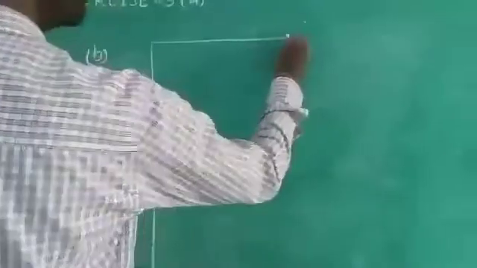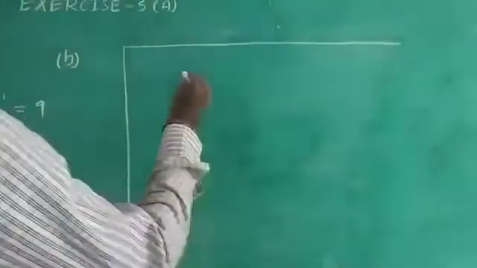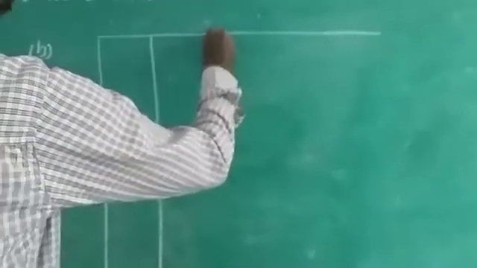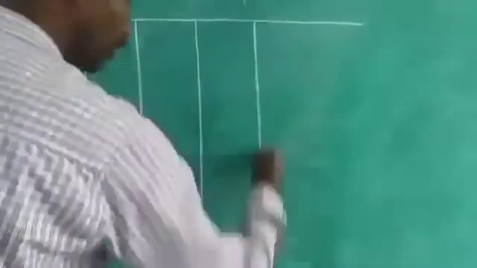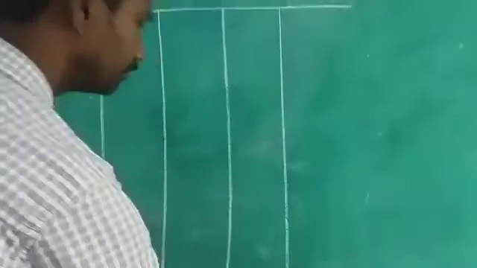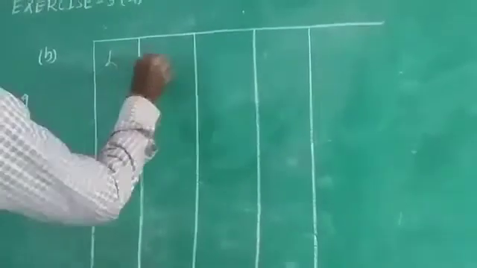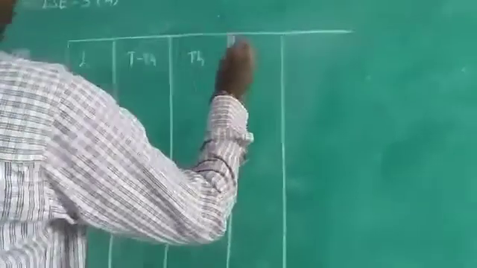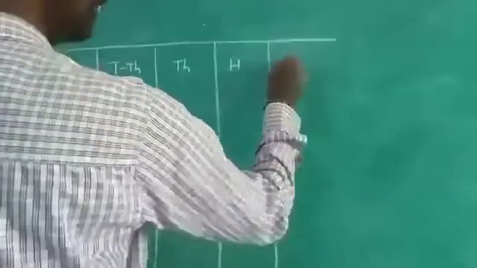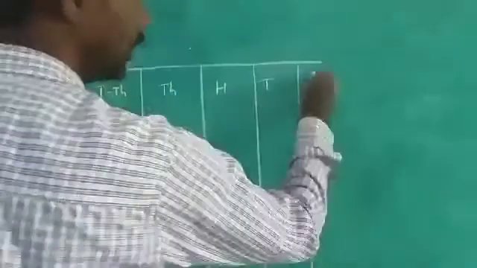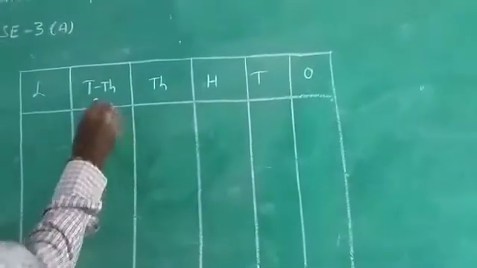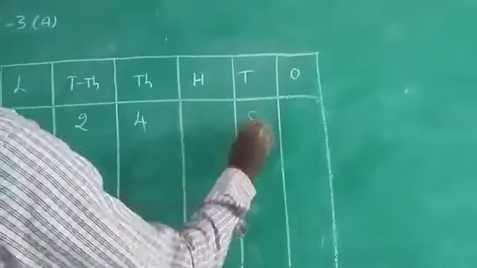Here also a box. The box is very important. Here lakhs, 10,000, 1,000, 100, hundreds, tens, ones. Here given 2, 4, 8.